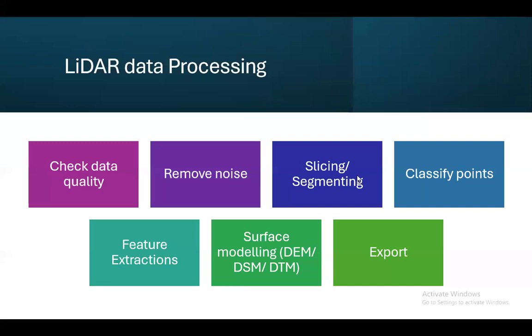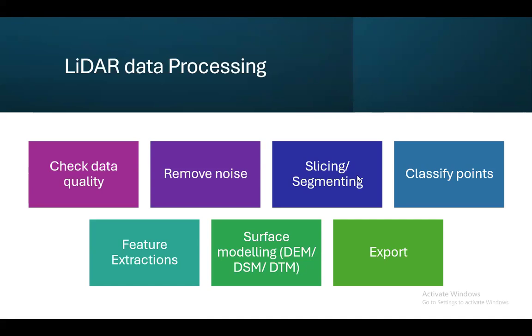So you must cut out a portion, that is called slicing or segmenting. In GIS you might call it clip or subsetting, but here you call it segmenting. So you cut out a part of the point cloud and study it. That is helpful because we have some limitation in software. Some software cannot process beyond 2 million points or more than that.